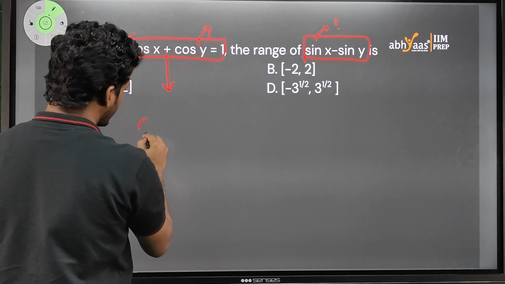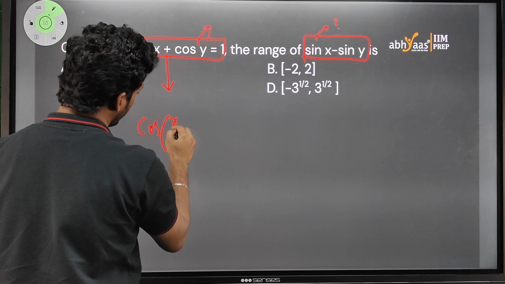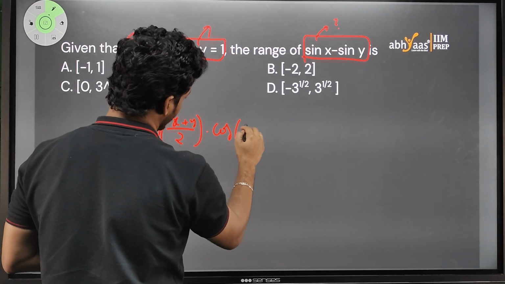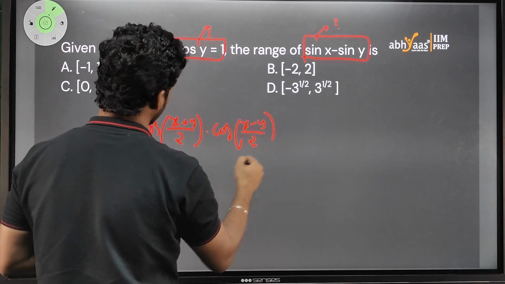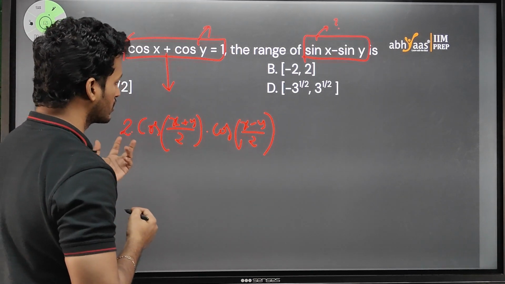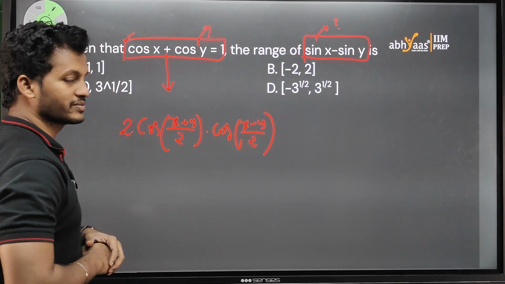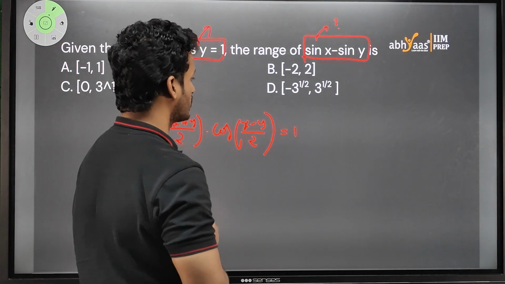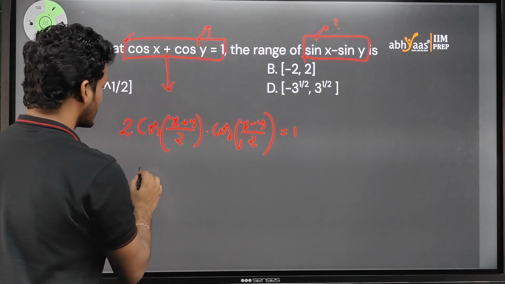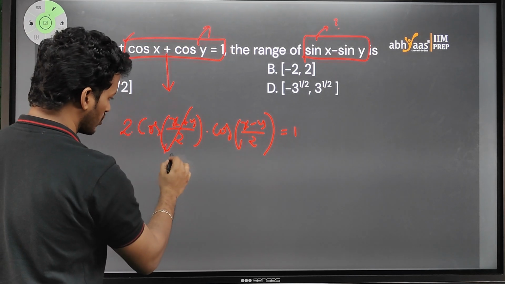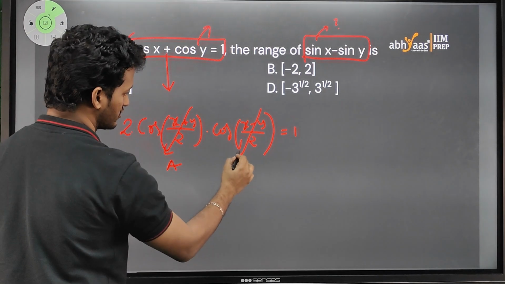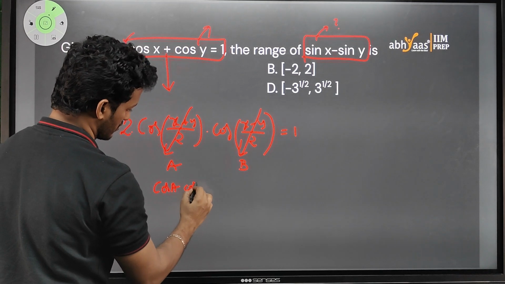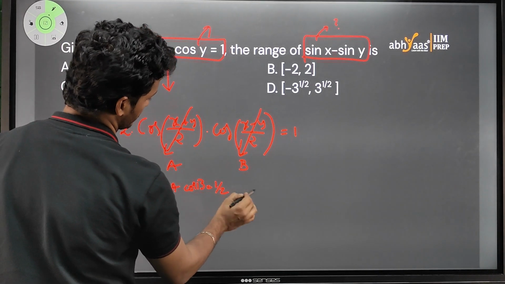Can I get it from 2 cos of (x plus y) by 2 into cos of (x minus y) by 2? This is nothing but 2 cos a cos b, it can be expressed in this way, isn't it? So if this is equal to 1, I am taking this whole value as a and this whole value as b. So cos a cos b is equal to 1 by 2.